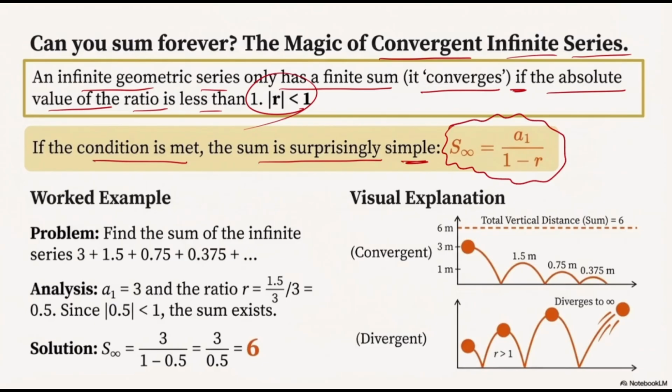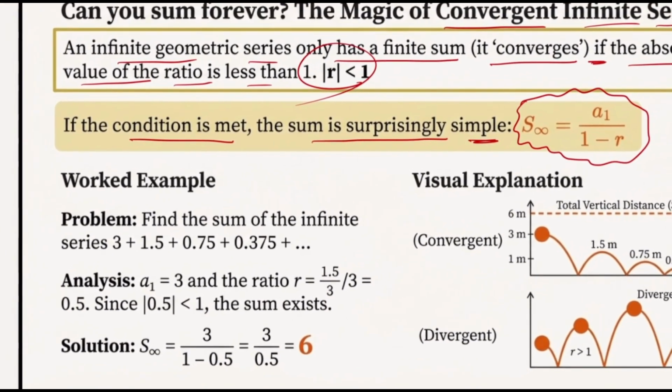How about an example? Imagine that I have 3, 1.5, 0.75, 0.375, plus so on until infinity. First of all, can I find any convergence here? And yes, I can. Why? Because first of all, we are talking about a geometric sequence, and my r is going to be half, and we know half is smaller than 1.